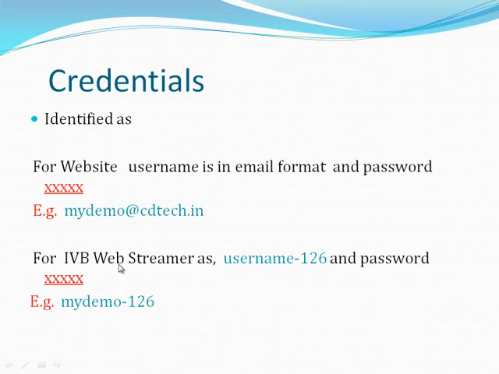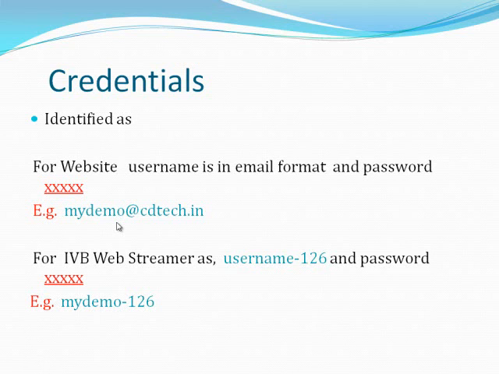And for the IVB7 web streamer software, the username with their user ID and the password. This is just an example that I have given here to identify your username and the password once sent to your mail. Now let's have a look at the IVB7 web streamer software.